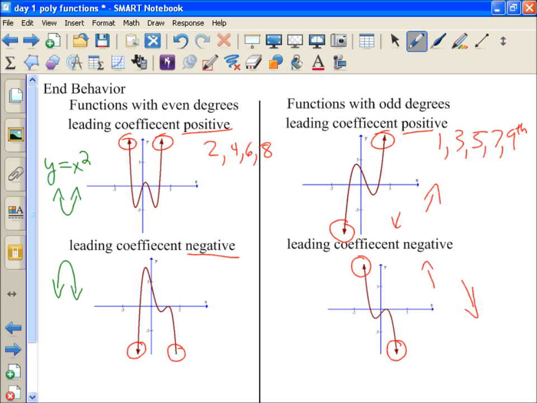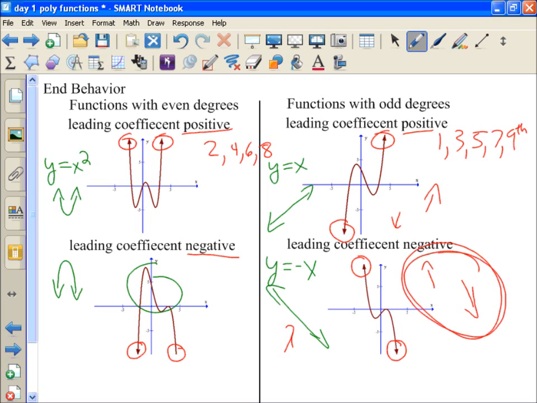And all the even functions, while they have this other stuff going on in the middle, will share that exact same behavior. The simplest odd function we can think of is y equals x. We either have a line going up, or if we have negative slope, we have a line going down. And you will see that the end behavior here is the same as the end behavior we see here.